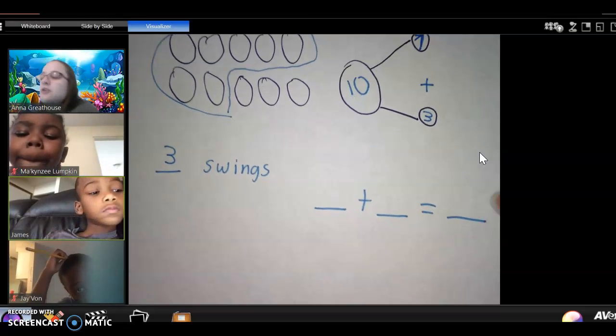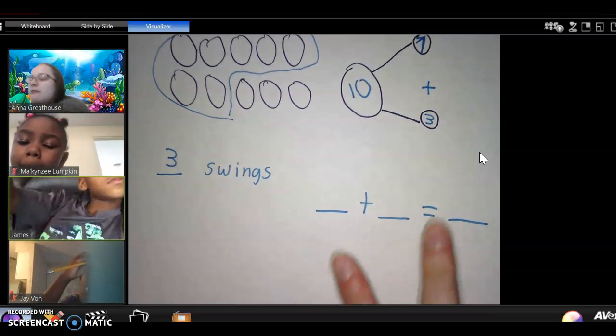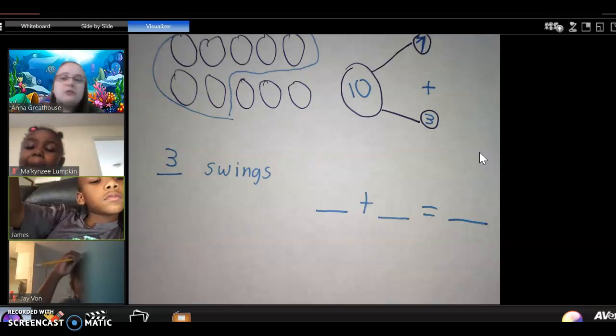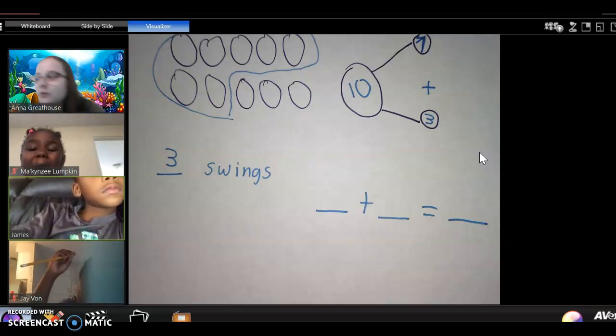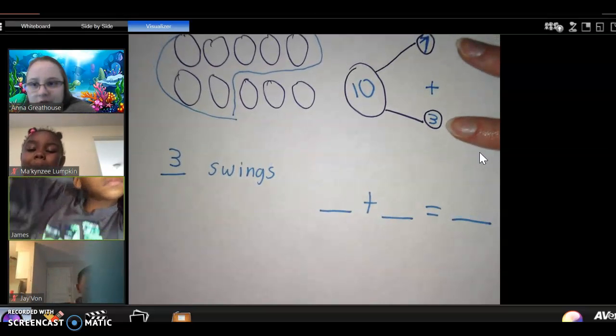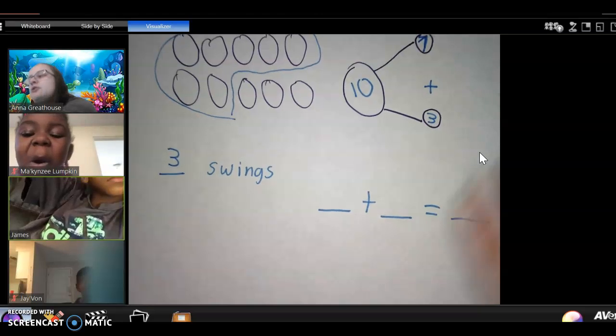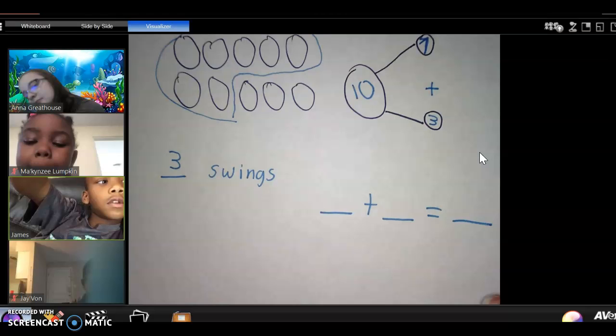Okay, so we have our total of 10 after our equal sign. And then we have 3 and 7. And 3 and 7 are what of 10? They are parts, right, James? And so you added your two parts together to get 10? Yeah.